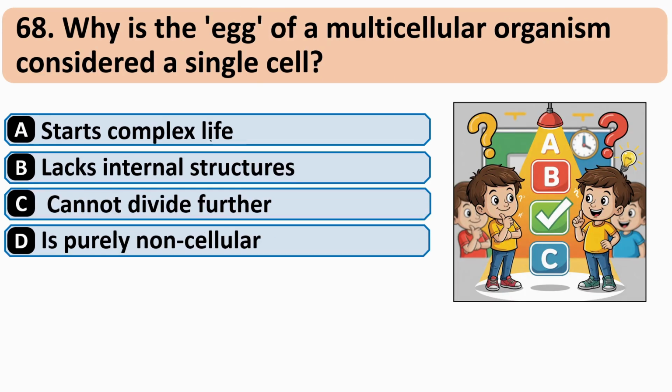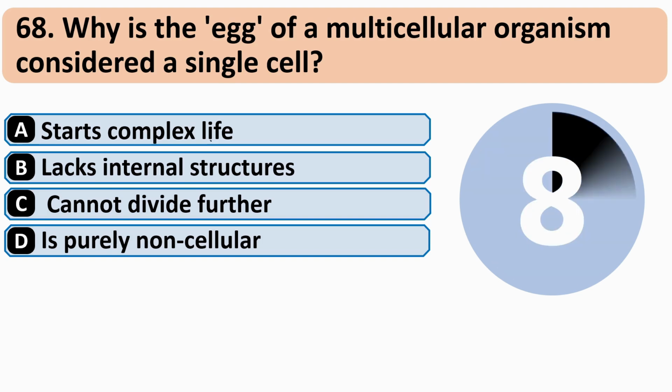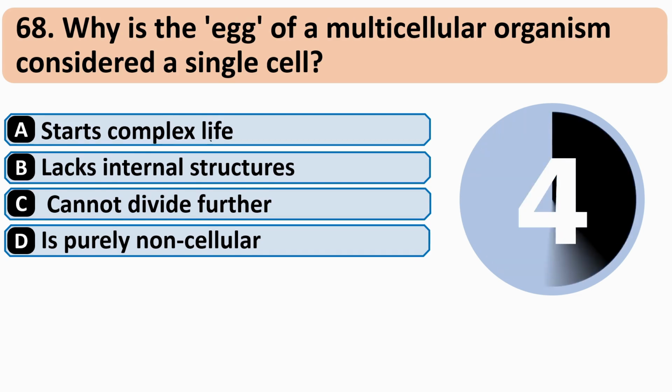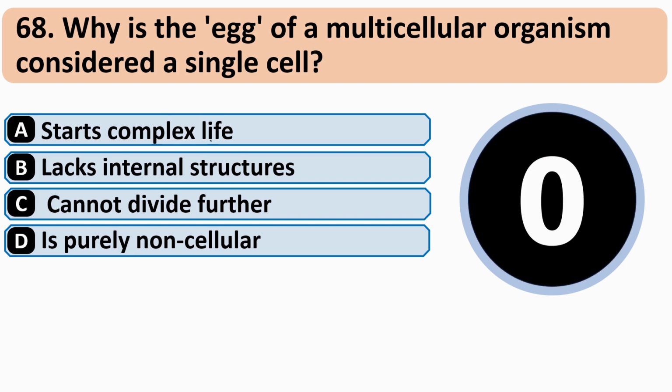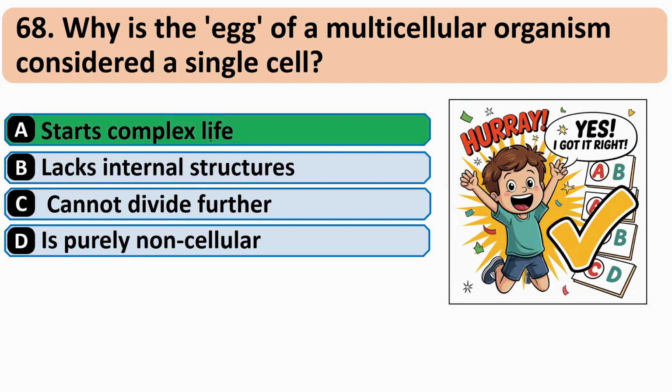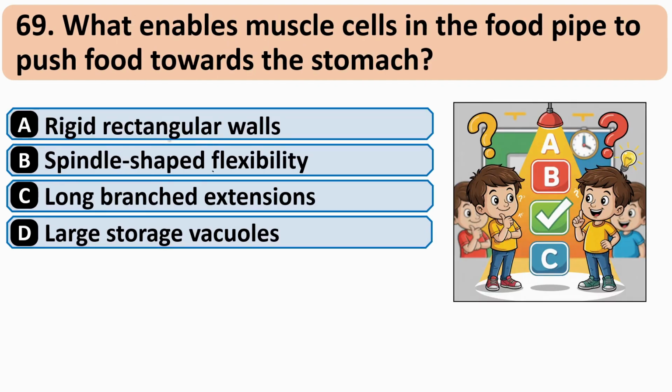Why is the egg of a multicellular organism considered a single cell? And correct answer is A, start complex life. What enables muscle cells in the food pipe to push food toward the stomach?